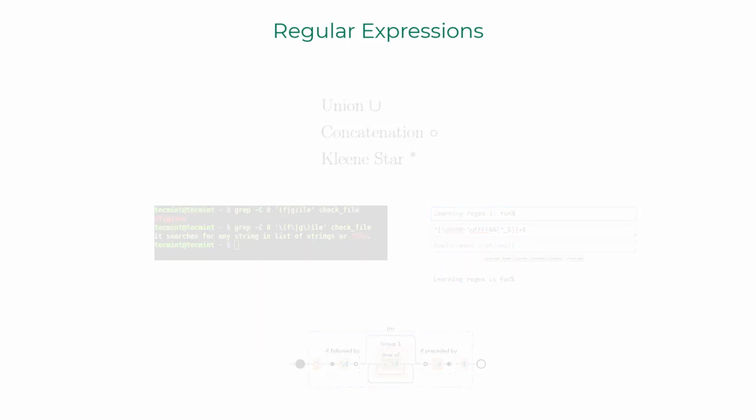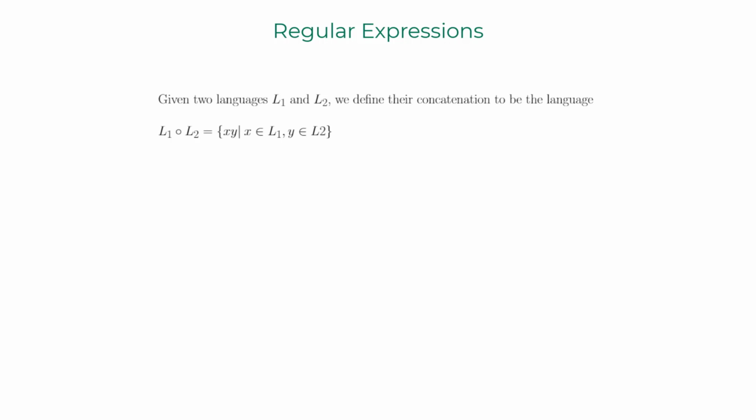Let me formally introduce you to the definition of concatenation of two languages. Given two languages L1 and L2, we define their concatenation to be the language L1.L2, which is xy such that x belongs to L1 and y belongs to L2.